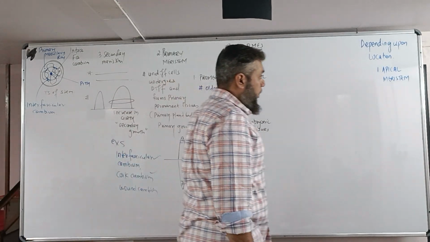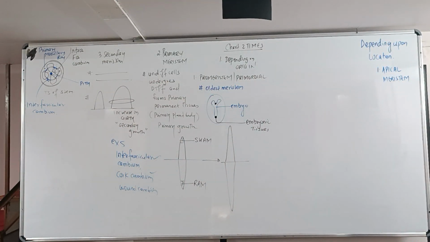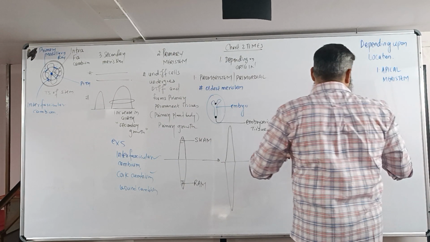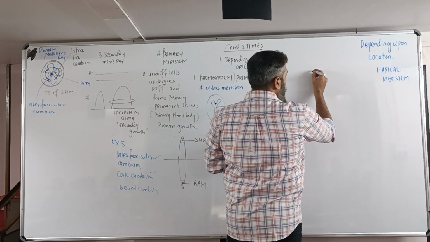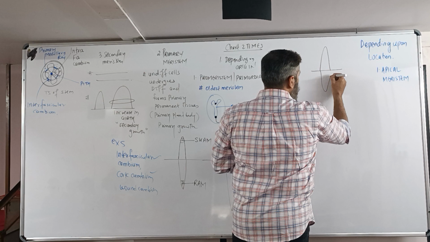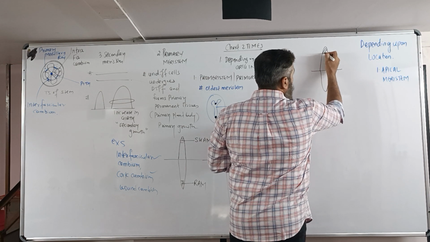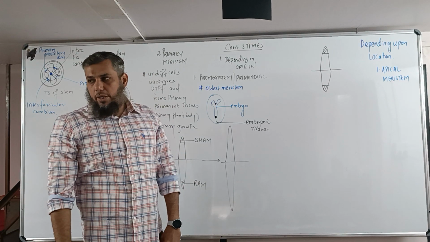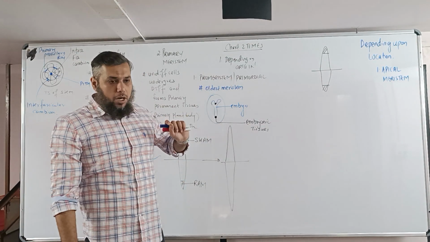So what are the types depending upon the location? What is the first type, guys? Apical meristem. Let's understand. Are you there with me, everybody? Who is this? Shoot. Who is this? Root. Do you see the black marks? They are the apex of the plant body.